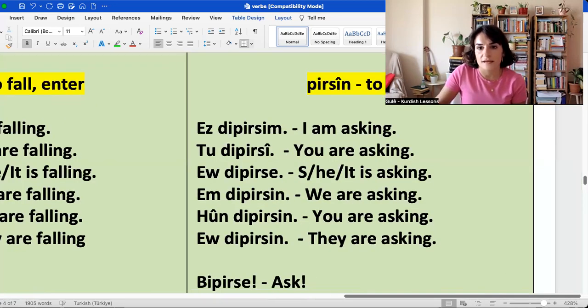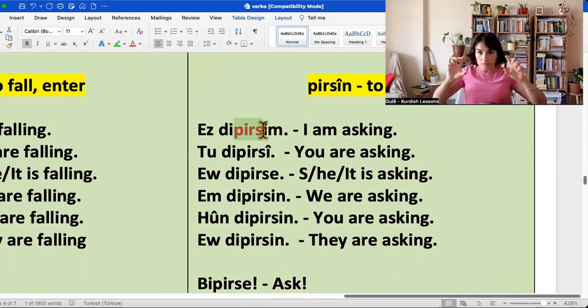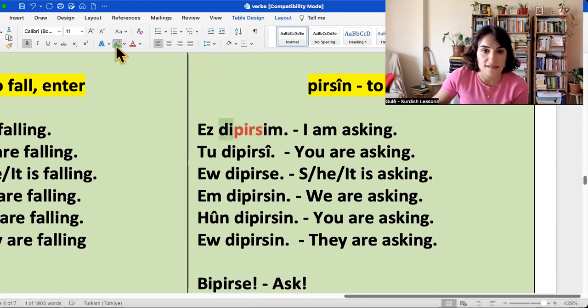And the next word is perceive, to ask. So purse is the present stem, purse. So you know when you see a present form, it's easy to find the present stem because it is always prefix the, and there is always an ending.